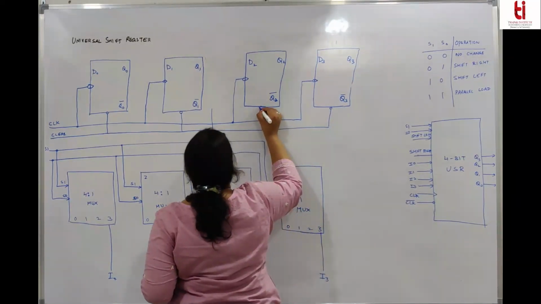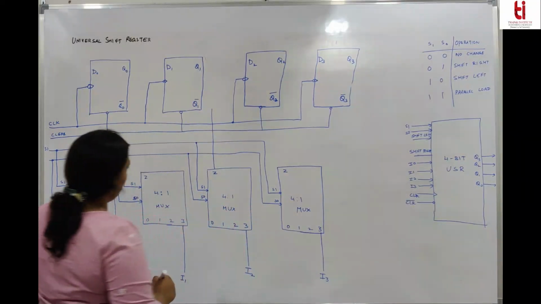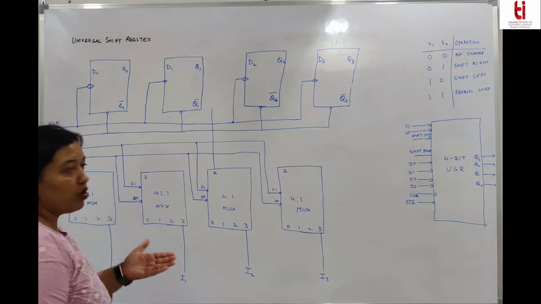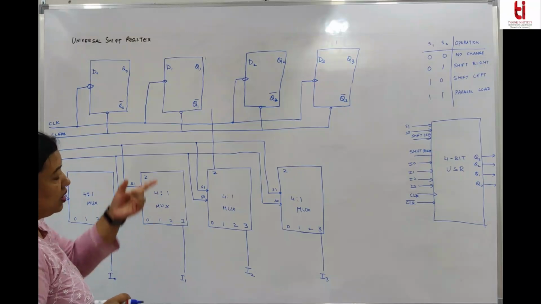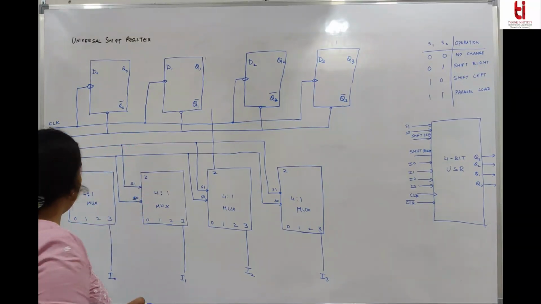When it is 0, it will reset all the flip-flops. This is what we have drawn: 4 flip-flops and 4:1 muxes, where the mux decides with the help of select lines which operation is to be performed.